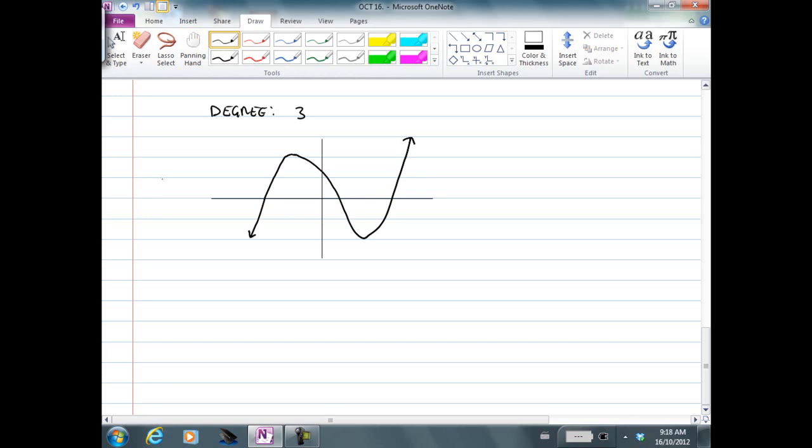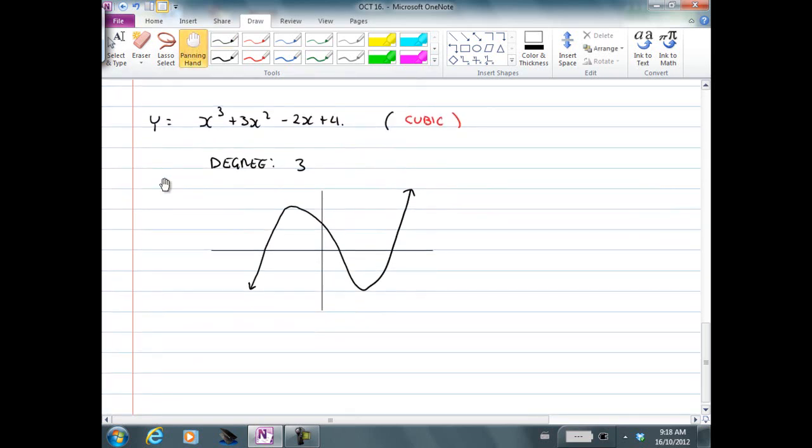So guys, gals, this is called degree 3. Look at this. A cubic equation starts here, goes up, down, and up. It doesn't matter, as long as it looks like this, because it's going to look like this no matter what.